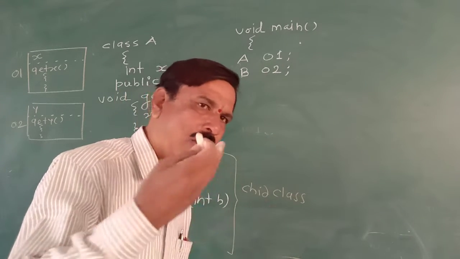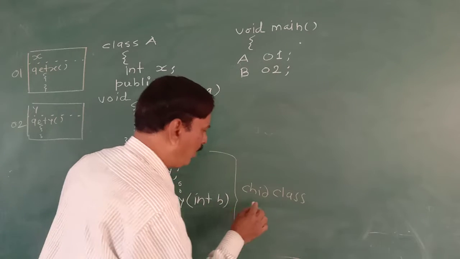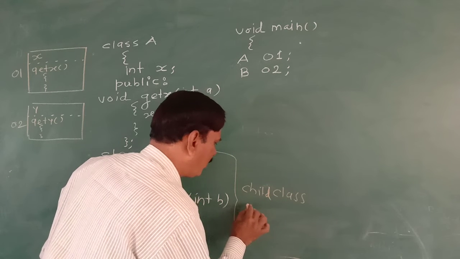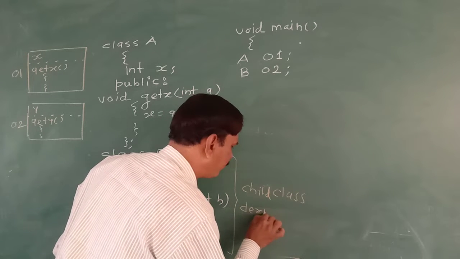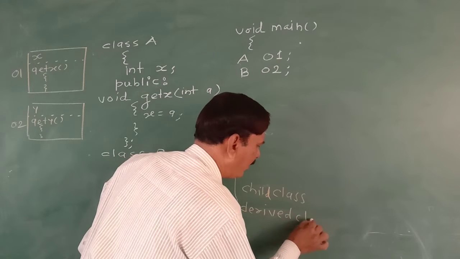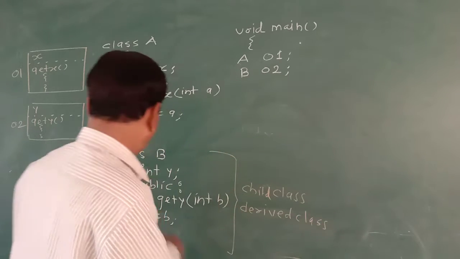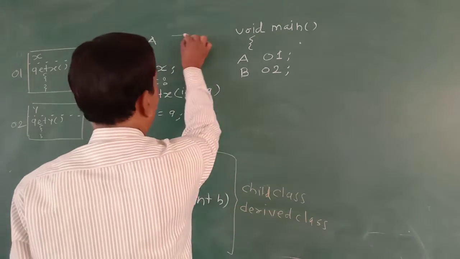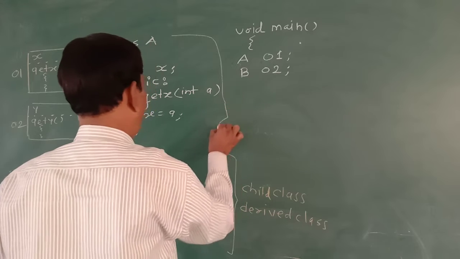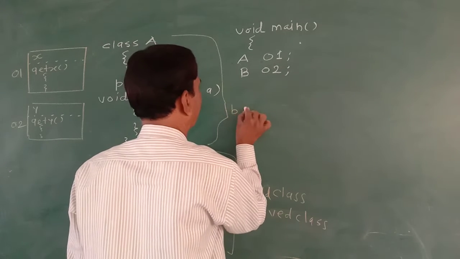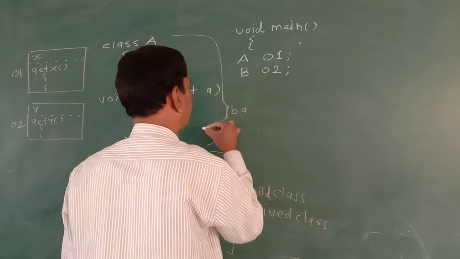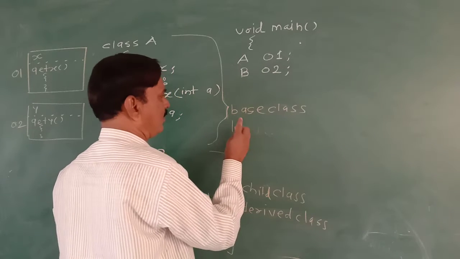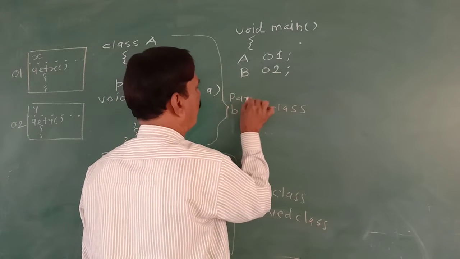The term child class is for our convenience; the standard word is derived class. And suppose class A is declared as a base class or parent class.